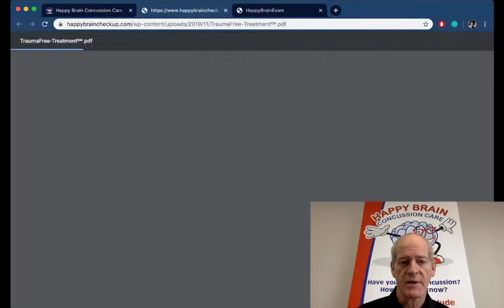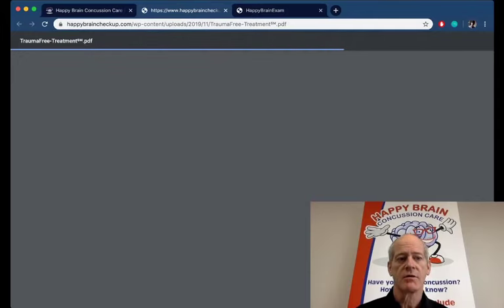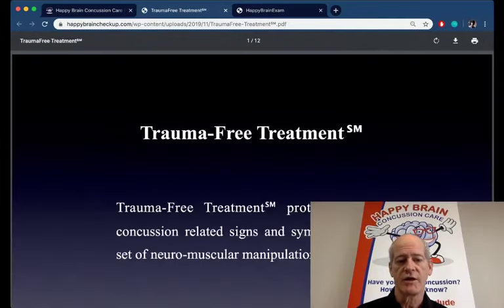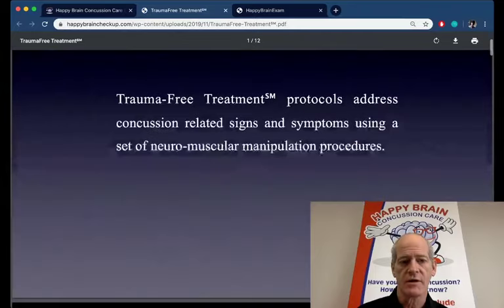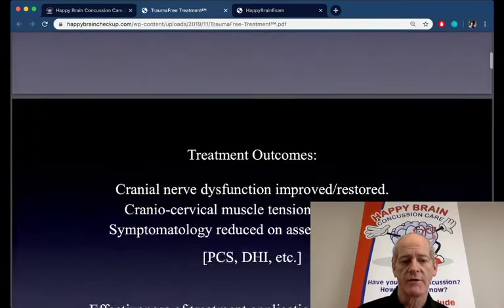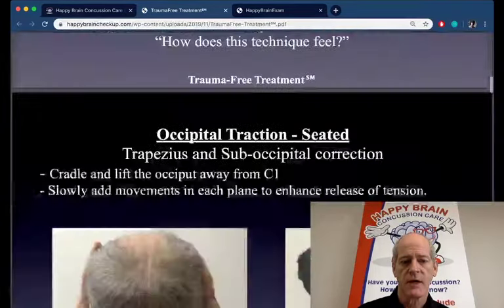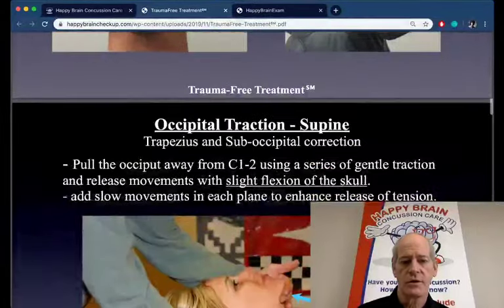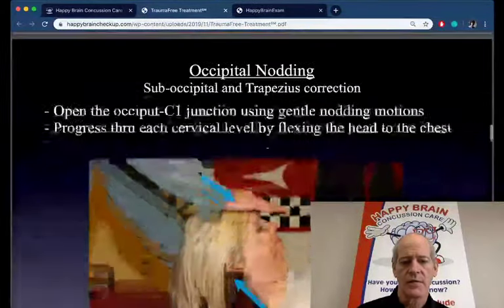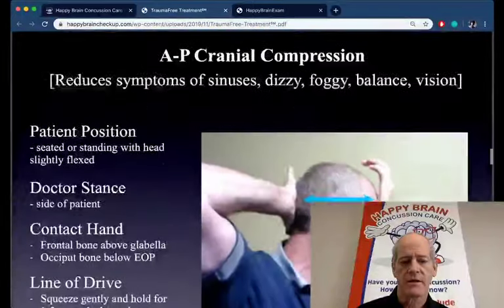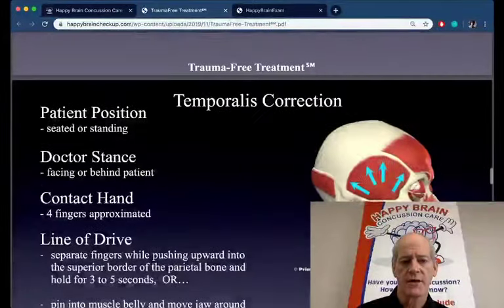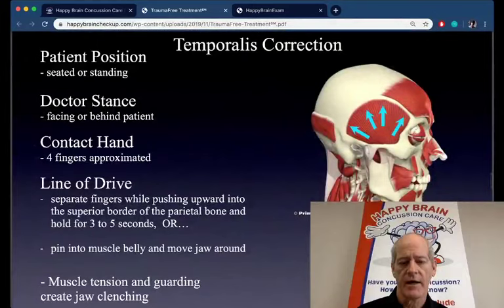As we open this page up, this is a quick slideshow of the different treatment protocols, and I'm going to scroll down to the temporalis lift, temporalis correction page. On here you can see the arrows on the temporalis muscle.